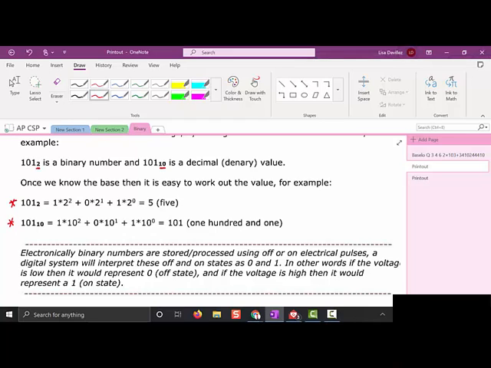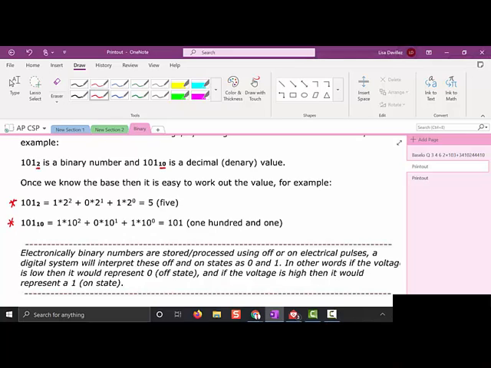Before we get into the other number system, we're going to get a little deeper into this in the remainder of the course. The reason we use binary is because computers are electrical systems. We need to be able to send an electrical signal that can represent numbers, pixels in an image, letters.